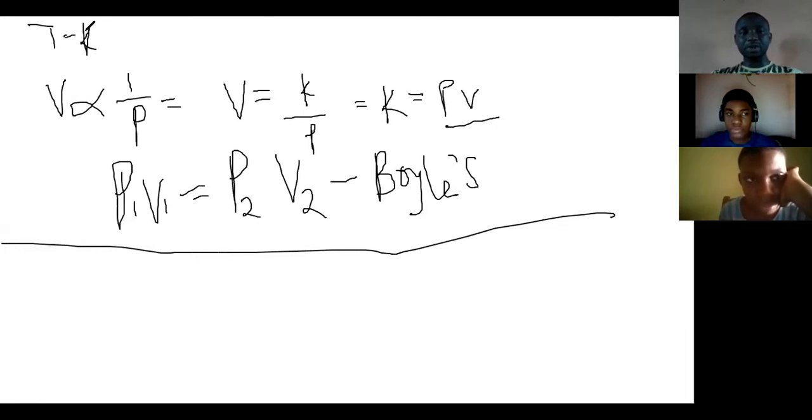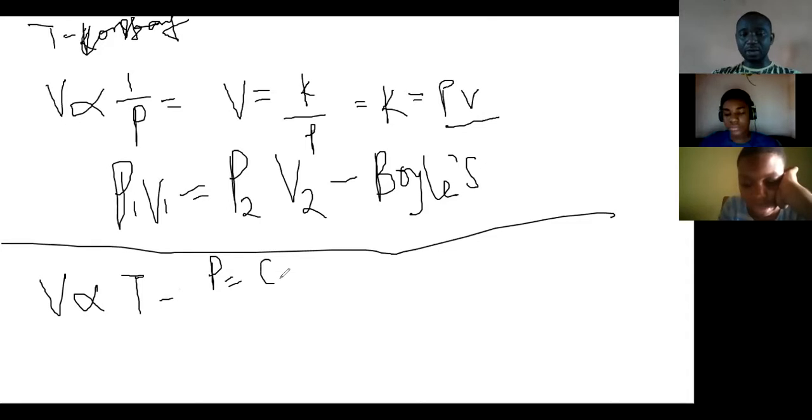Now, for Charles's law, it states that the volume of a given mass of a gas, which is V, is directly proportional to what? Temperature, provided that your pressure is constant. Even though you know it, you should still see how to interpret it from your formula.